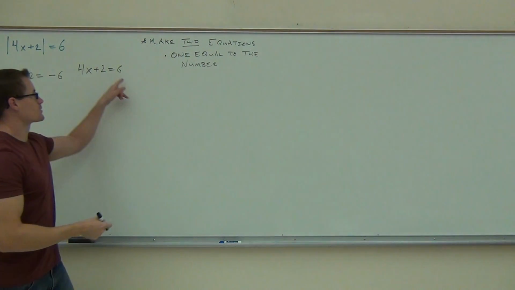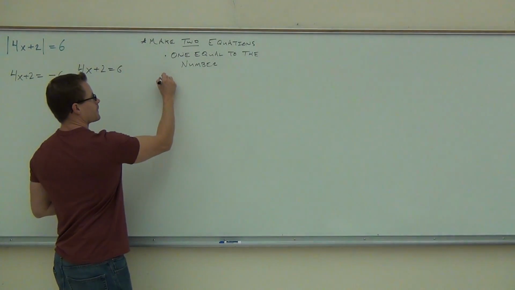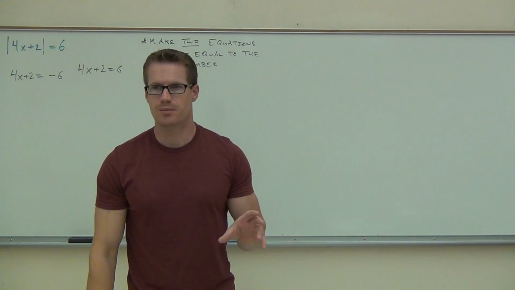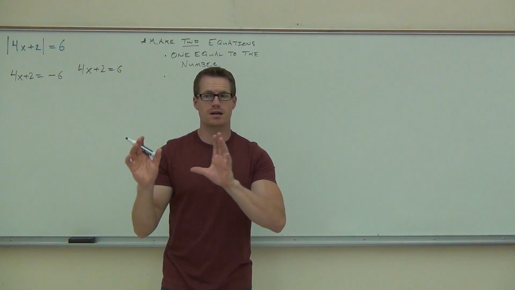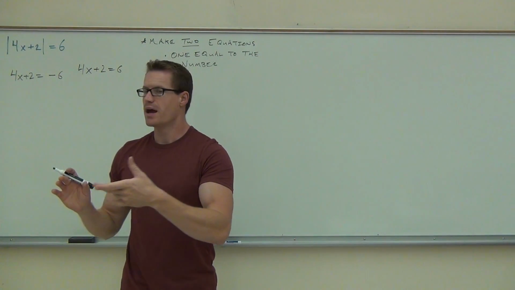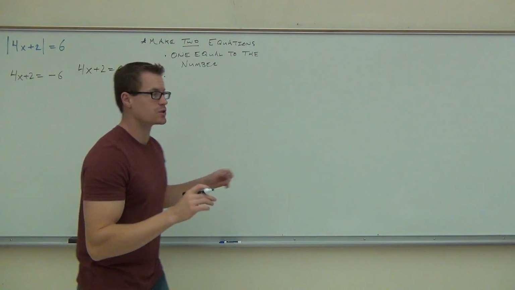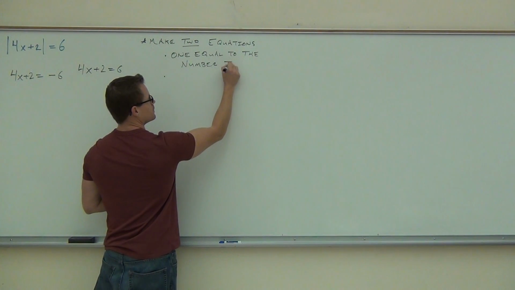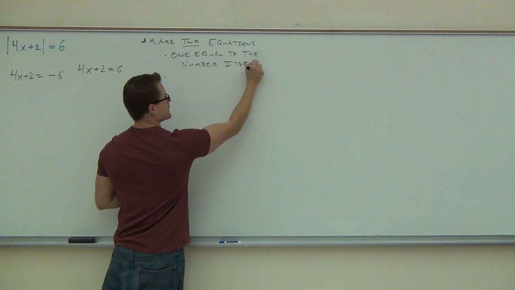In this case, that's our 6. And one of them equal to the negative of that number, because absolute value will take the negative, force it to become positive, and therefore change that into another solution. So one equal to the number itself, one equal to the negative of that number.